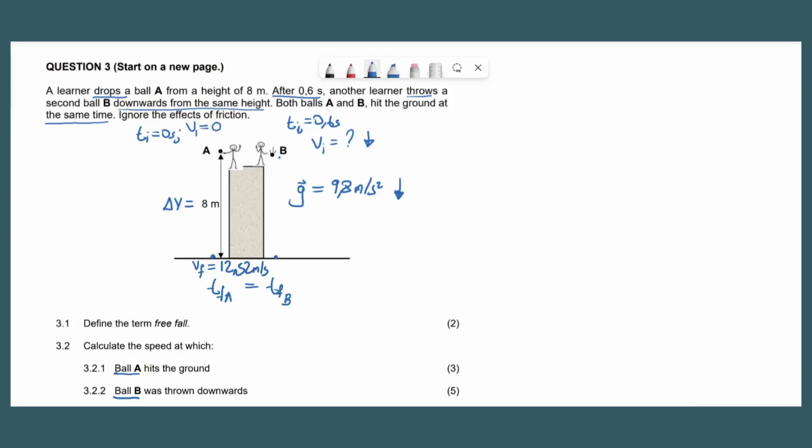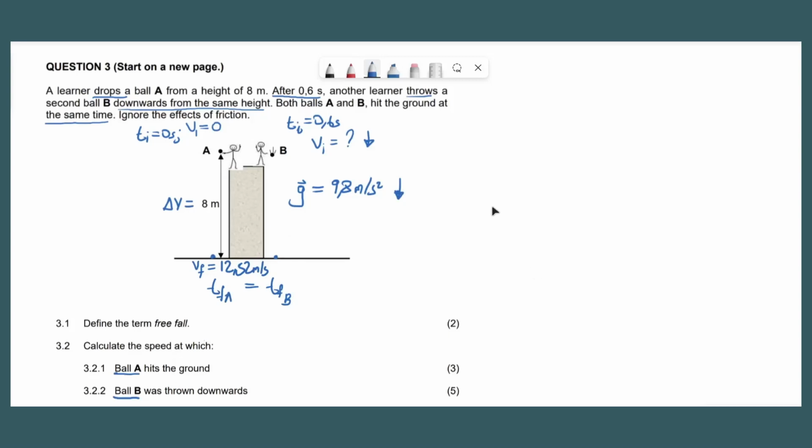We also know that it was thrown after 0.6 seconds relative to ball A, but they both reached the ground at the same time. So let's see if this information is sufficient for us to solve this question.